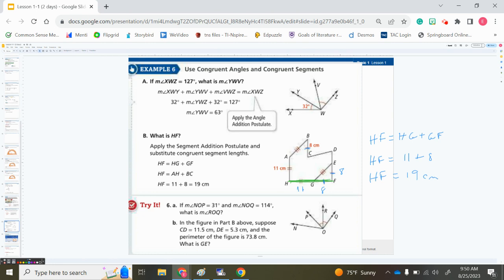Decimals. Yeah, don't fear the decimals or the fractions, guys.